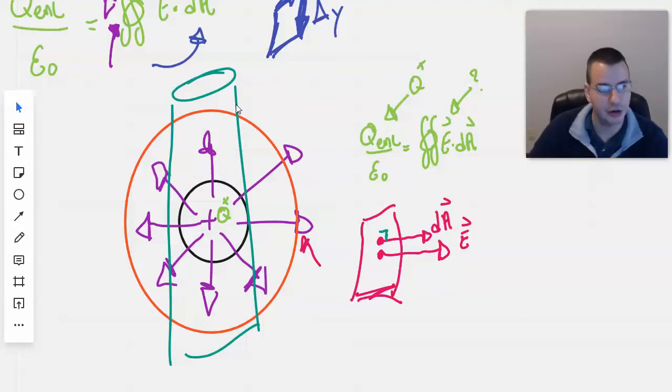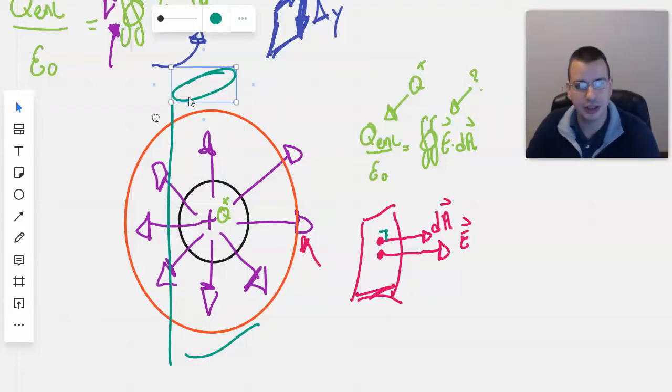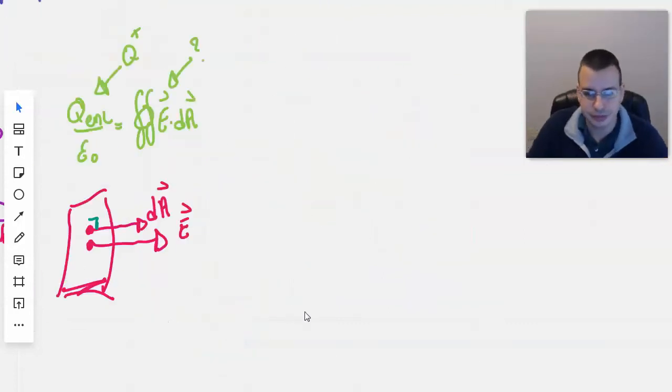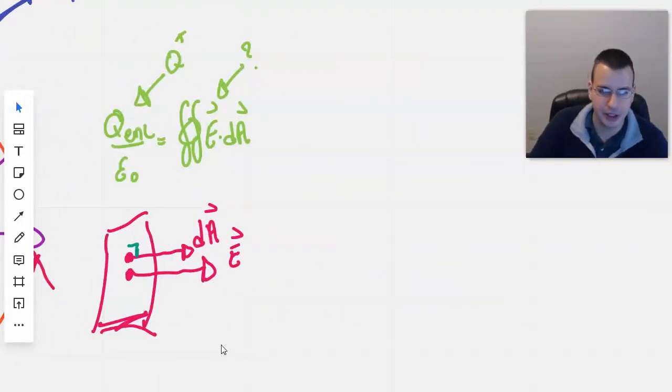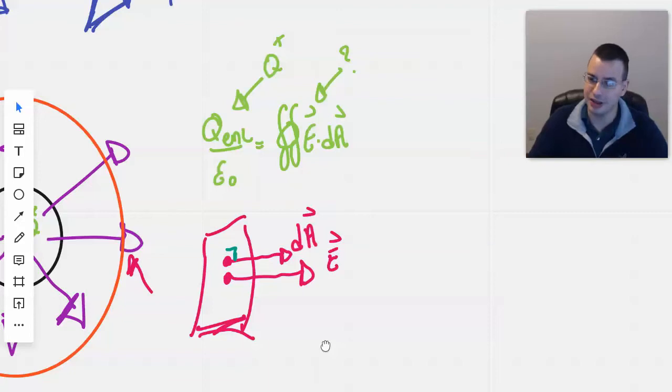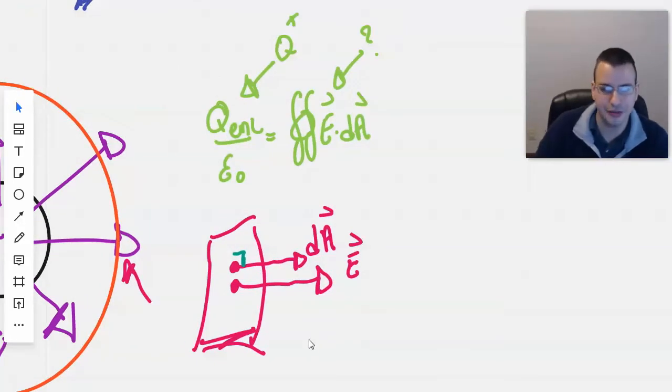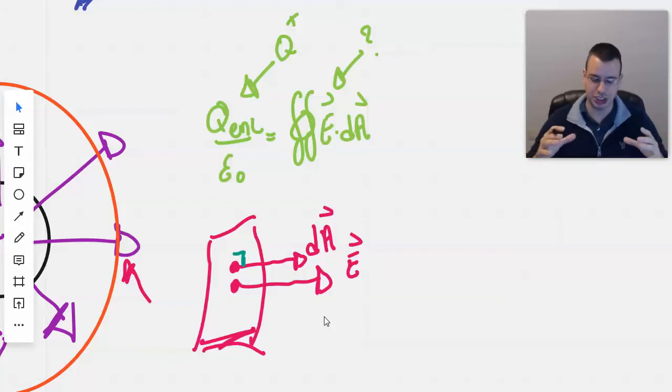The entire goal of choosing a Gaussian sphere is avoiding crazy angles. That's why Gauss's law works for a lot of things, but there's a lot of things it won't work for too. They're usually pretty obvious. Generally, the shapes you'll choose will be a cylinder, a sphere, maybe a cube, but that's about it.